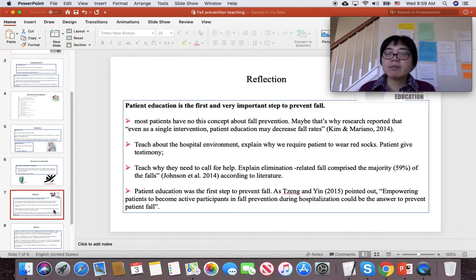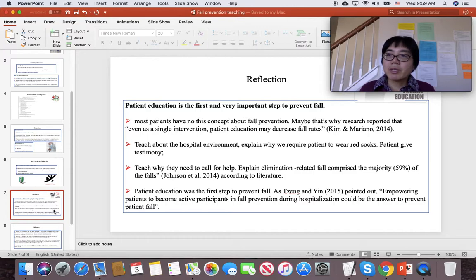Communicating with the patient, I teach them and explain the hospital environment, their bed, why we set the bed low, why we set the side rail up, and why we set up the bed alarm.